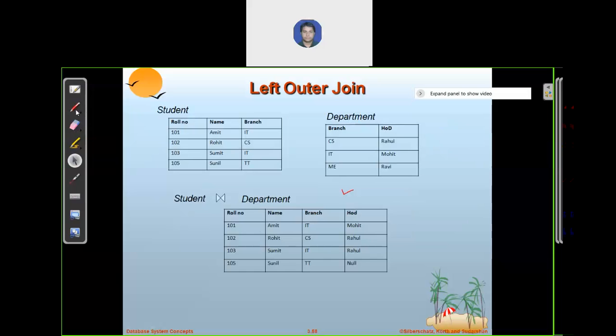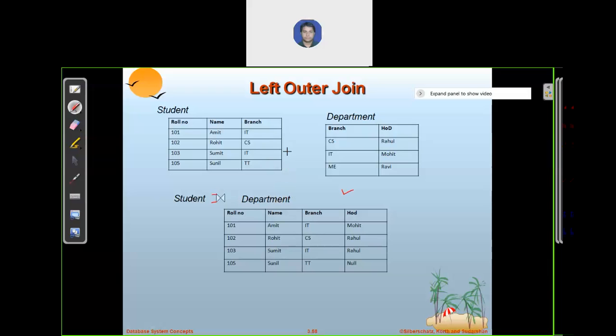Here as you can see, there are two relations: student and department. Student relation has 4 records and department has 3 records. Now apply the outer join: student left outer join, this is the symbol, with department.